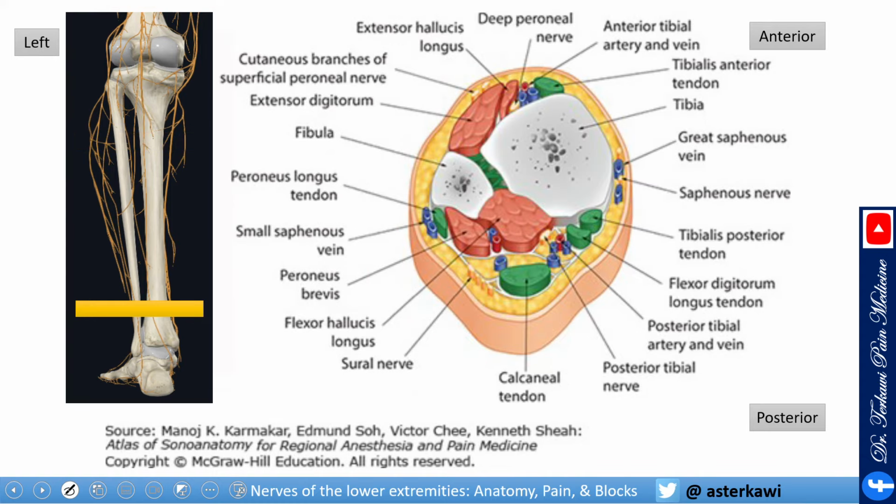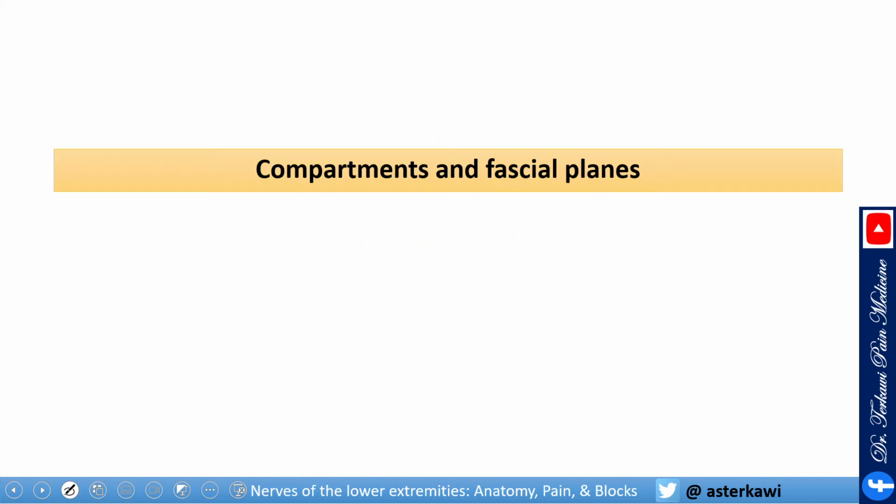Now, when we go all the way down, this changes the muscles. There are more tendons here. So you see the sural nerve here. You see the superficial peroneal nerve here. This is the deep peroneal nerve here. Posterior tibial nerve here. And you see the saphenous nerve here.